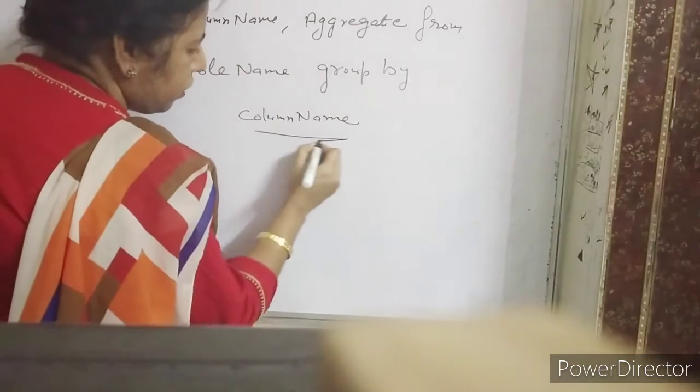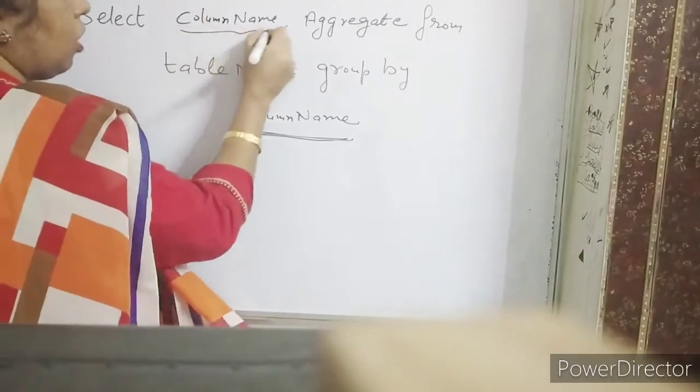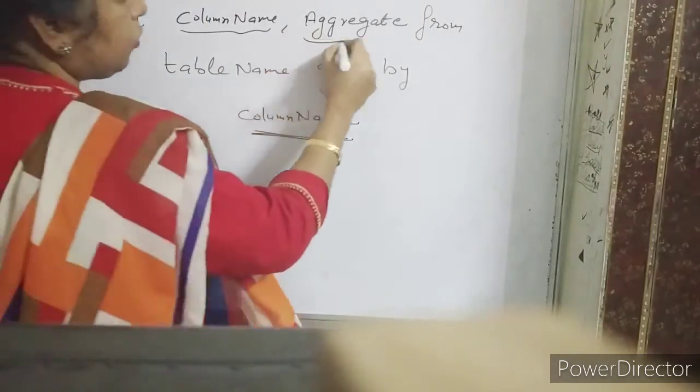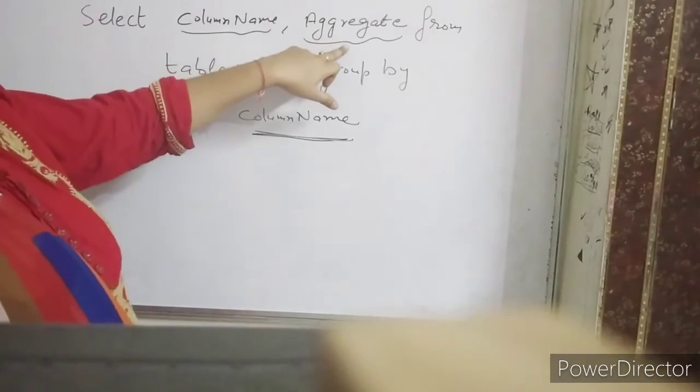Clear? What will this query do? We are making the groups on the basis of this column. And this is my aggregate. What do you mean by aggregate? It depends on the question, on what type of summary I want to display.